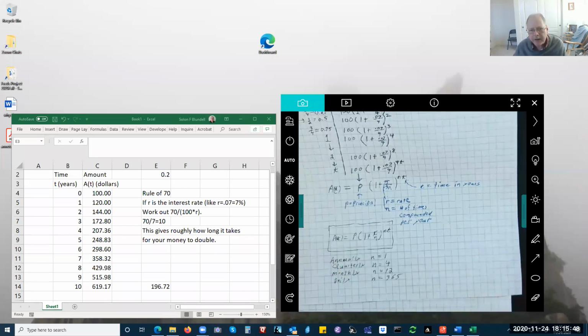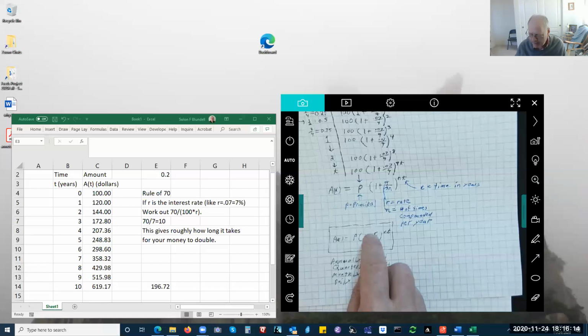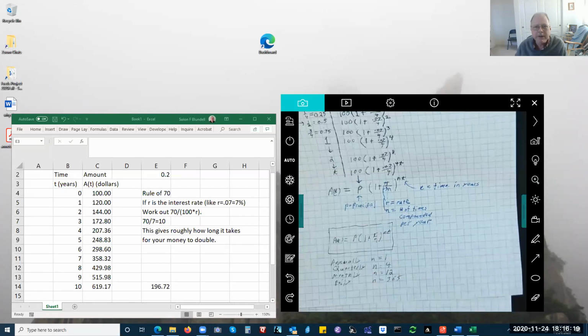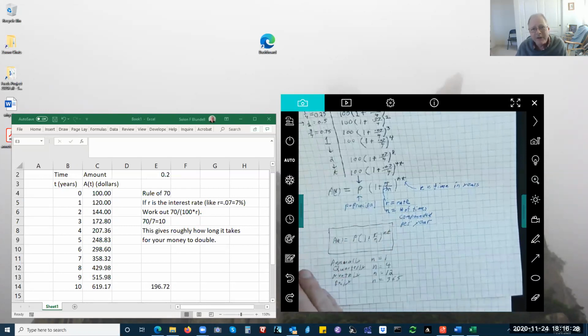So you can do different kinds of problems. You can say, how much principal would I have to put in order to get a certain amount after 10 years? Or you can say, how many years would it take to reach a certain amount? Or you could ask, what would the interest rate need to be to reach a certain amount in a certain time? But once you've got the equation with the letters in there, if you know all the other numbers except for one, then you can do algebra to find the one that you don't know.